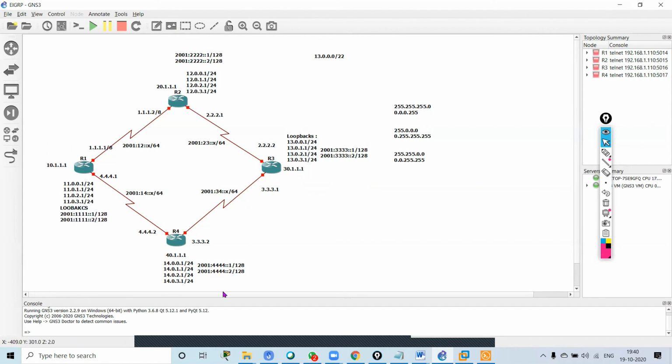Got it? Any doubt? It's like dual stack, right? We have to keep IPv4 also, right? Yeah, you can keep IPv4 also. If you have previous IPv4 things configured, you can keep them. Or just give IPv6 addresses, anything you can do, whatever you like.